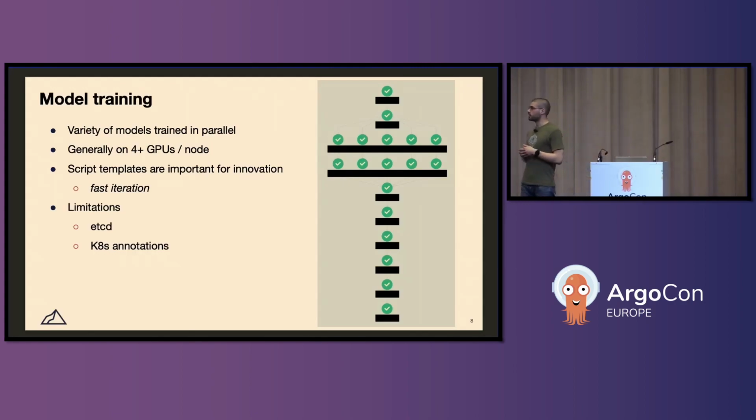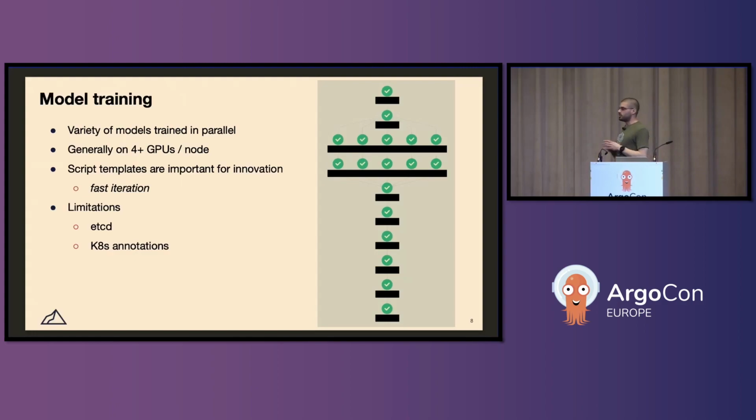Instead, you can rely on a script template and just modify the source code as however you wish for your specific experiment or design session, and just ship it. And this is important for Dyno, not only because of fast iteration, but because we're also a research organization. So we don't have external facing APIs. We actually have a lot of batch workflows and a lot of operational work that is executed on Argo Workflows.